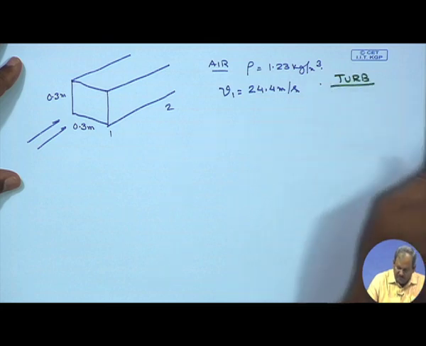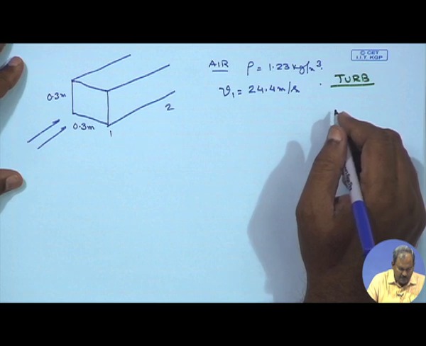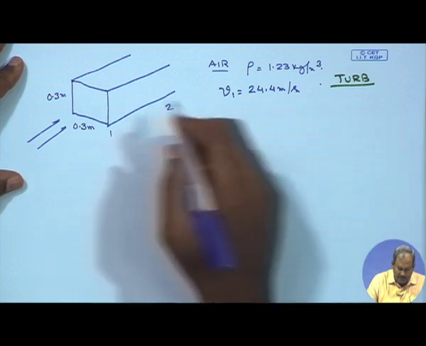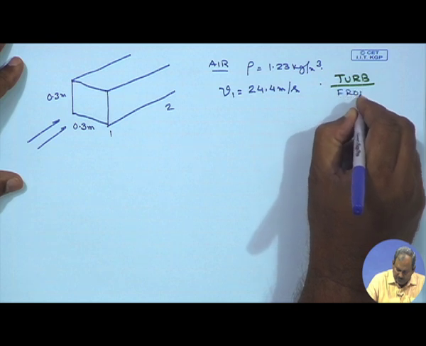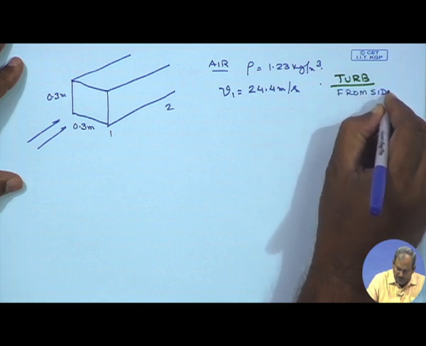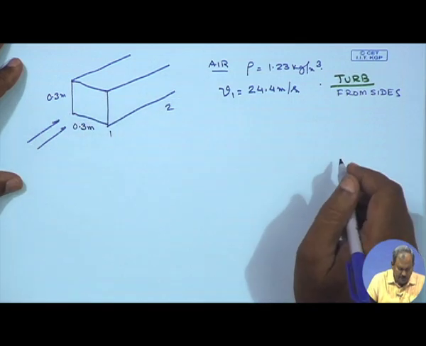So we have turbulent boundary layer at 1 as well as at 2, and the turbulent boundary layers are going to form on all sides. So they are going to form on all four sides which are forming this duct.